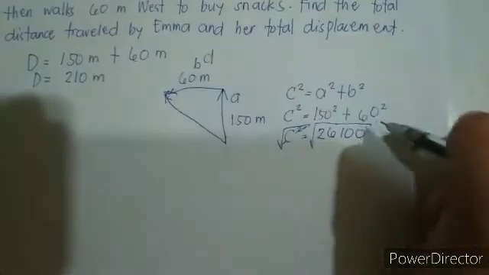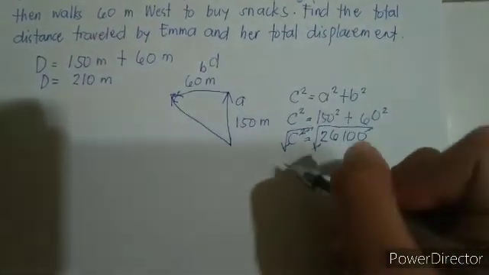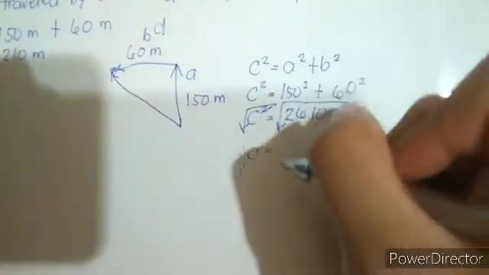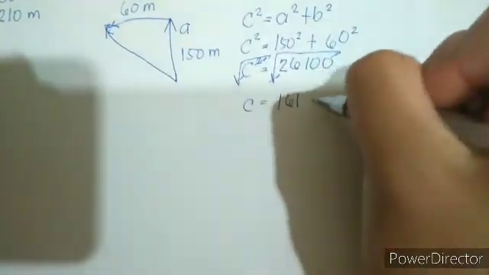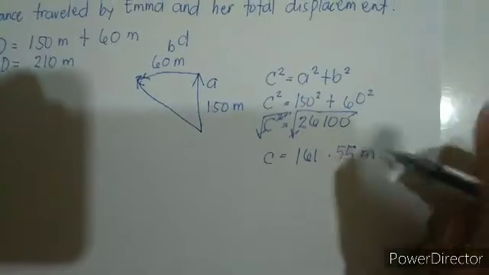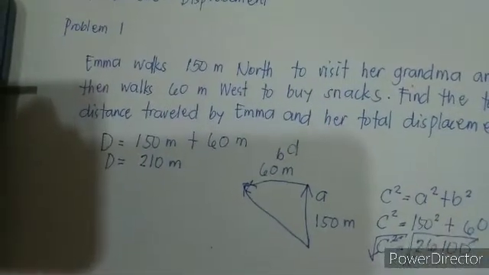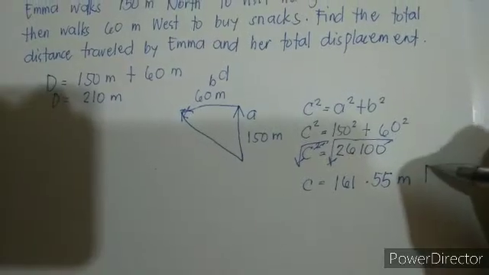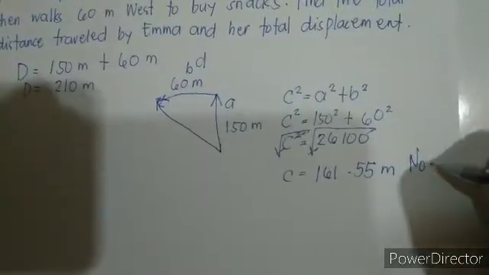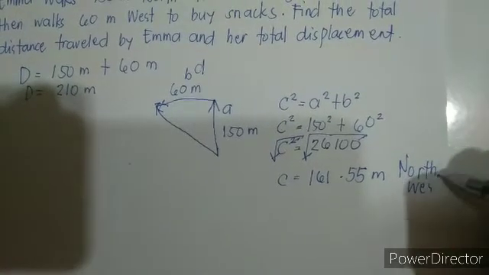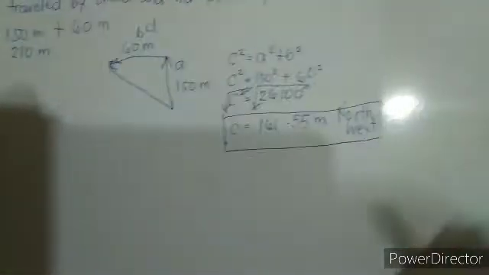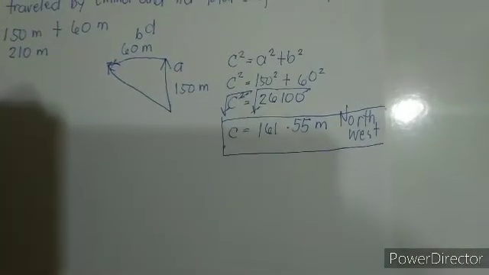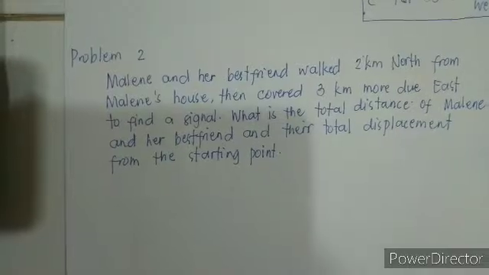So c is equal to 161.55. Let's have the unit meter. Let's have the direction, northwest. So our total displacement for Emma is 161.55 meters northwest.